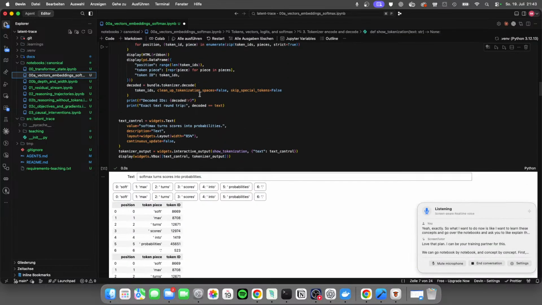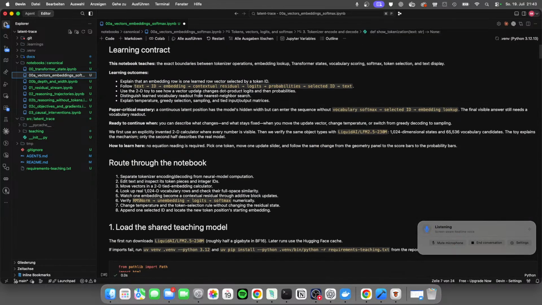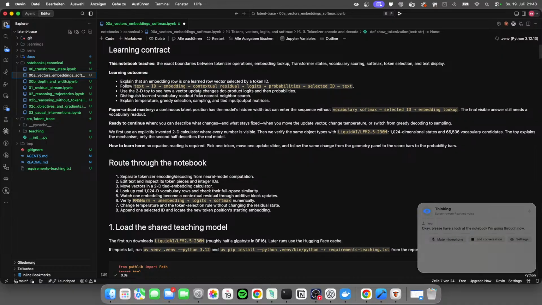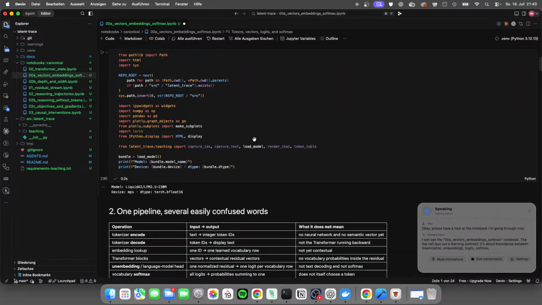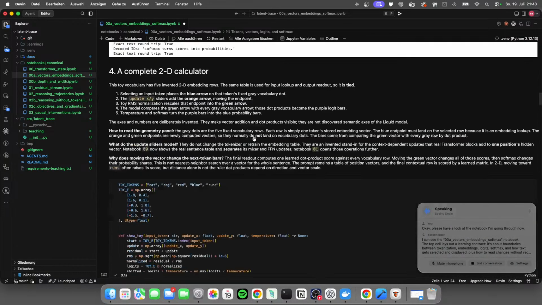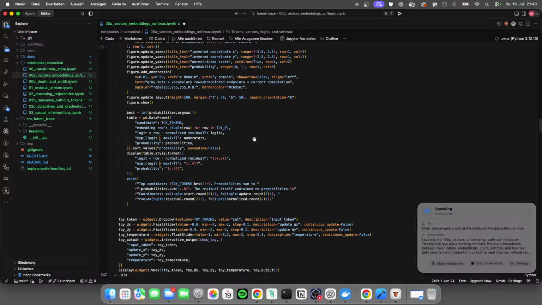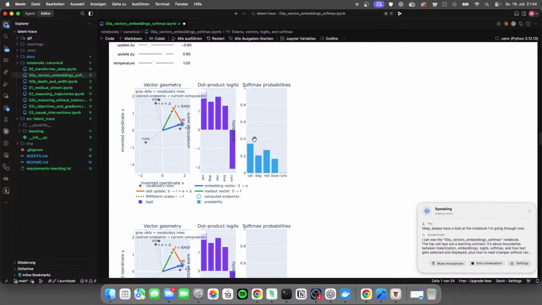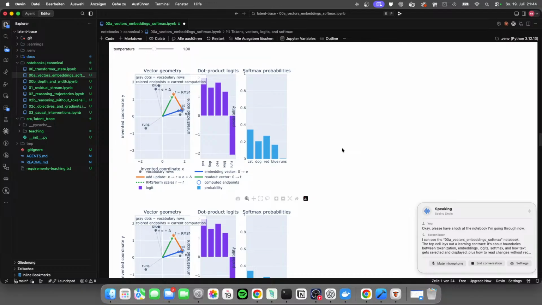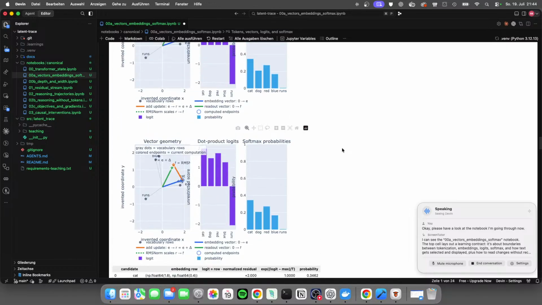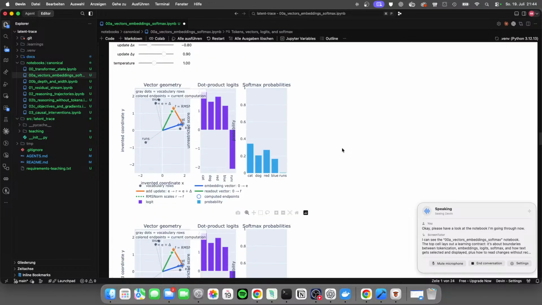Okay, please have a look at the notebook I'm going through now. Okay, let me check the notebook you're on so we can walk through it together. I can see the 00A Vectors Embedding Softmax notebook. The top lays out a learning contract. It's about boundaries between tokenization, embeddings, logits, softmax, and how text gets selected and displayed, plus how to read changes without recomputing the whole model.